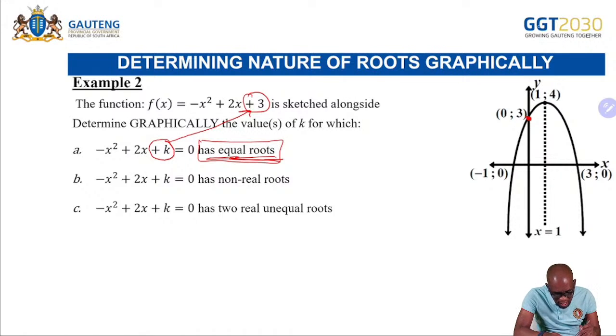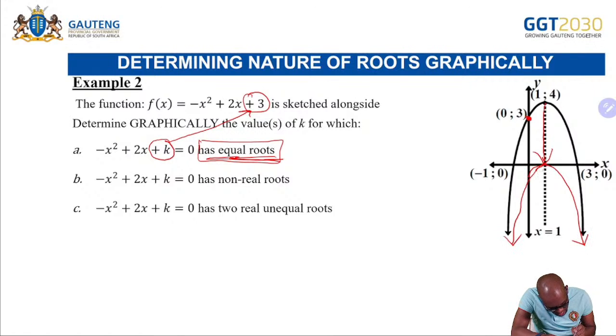So if I can move it up, it will never cut the x-axis. So the solution would be to move it down. If I move it down like this, you can see that now the graph cuts 1. So this graph, the new graph, has equal roots.